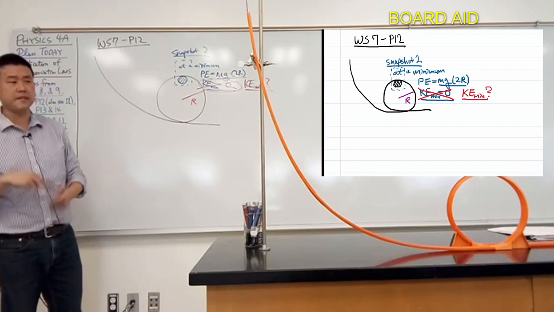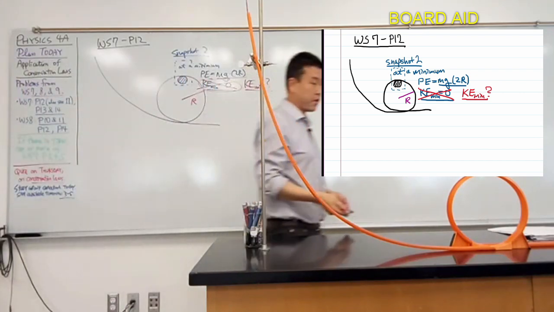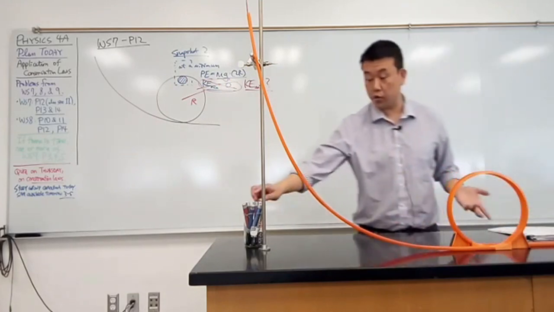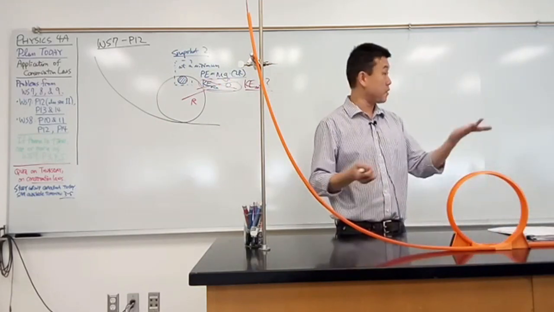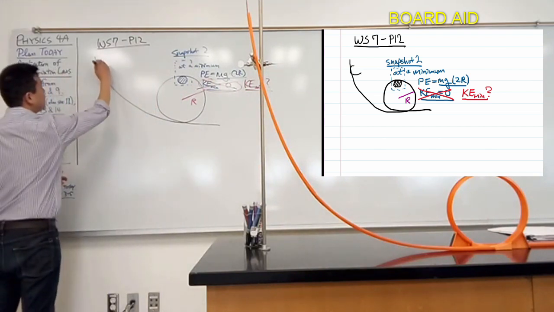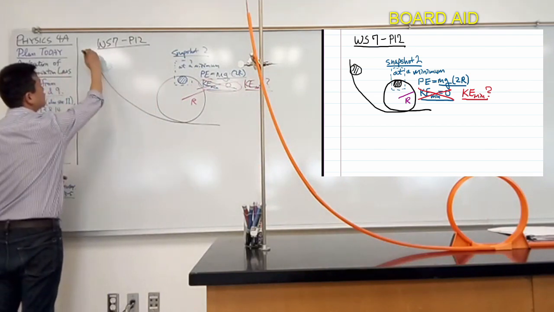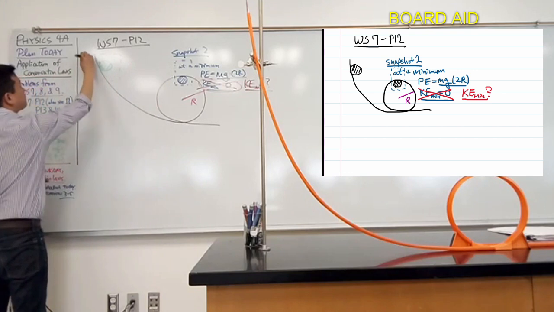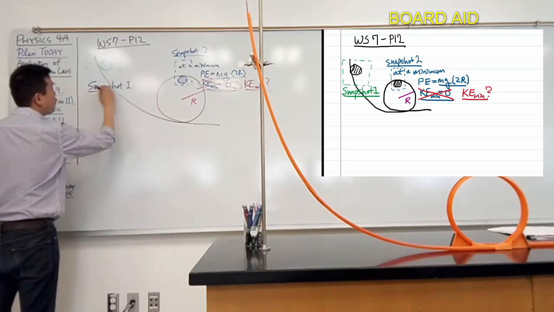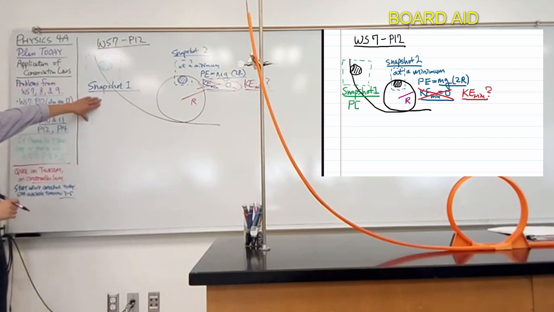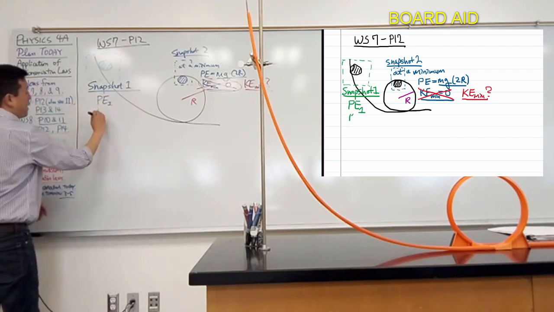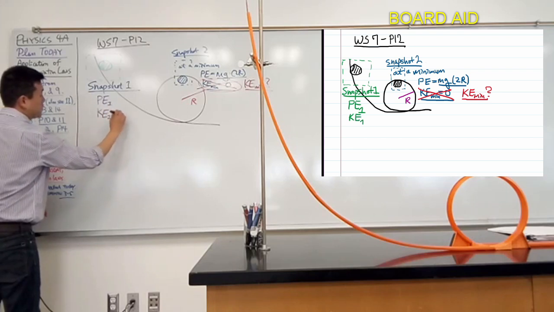So I introduced this as a mixed strategy question. For the first part, we are trying to start this with the conservation of energy. As in, we are hoping to come up with some kind of initial snapshot here. So let me call this snapshot 1. We are hoping to specify some initial conditions, some initial potential energy, and I guess initial kinetic energy will be 0.